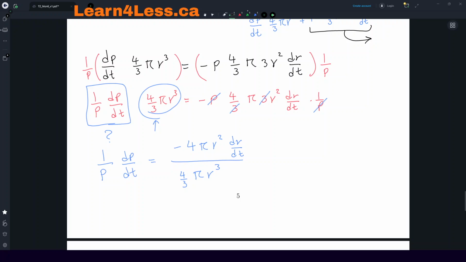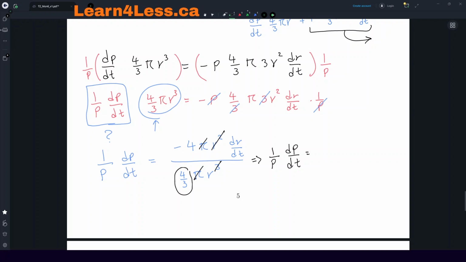Let's see if we can simplify that. Pi and pi get cancelled. R squared and r cubed cancel to just having r in the denominator. And instead of dividing by 4 over 3, you can multiply by 3 over 4.